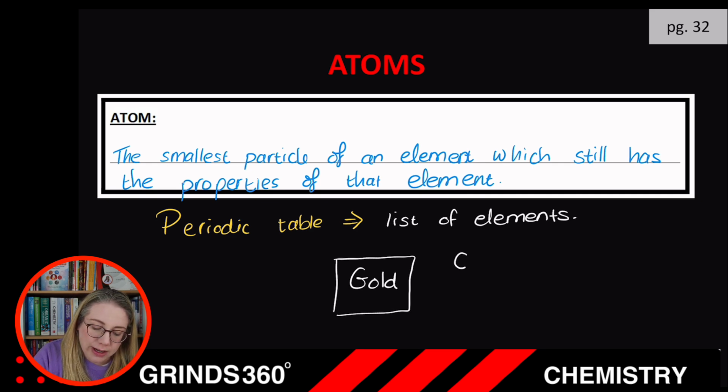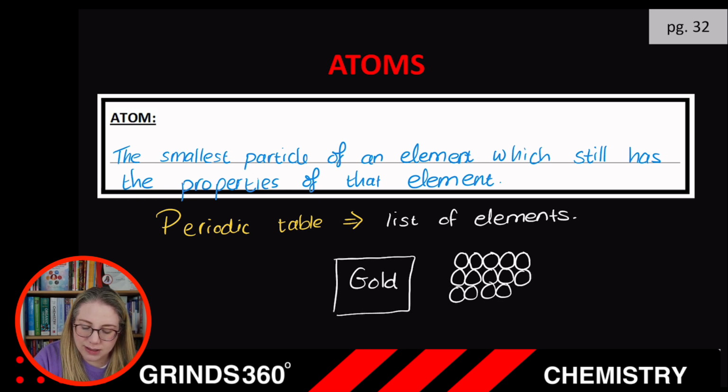So if I was drawing a particle diagram for this, which you would have seen in a different topic, probably in states of matter, your particle diagram for a block of gold will look like this, because gold is a solid. Now, these particles that we use for gold or whatever the solid is, they are all individual atoms of gold.